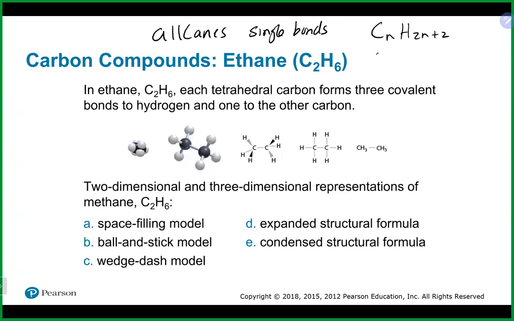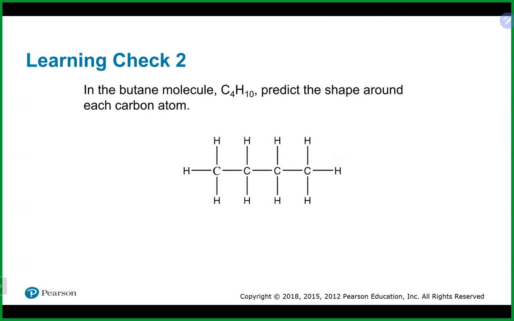Here with ethane, n is 2. 2 times 2 is 4, plus 2 is 6, so ethane has 6 hydrogens attached. Methane, ethane, and propane is the next one. Propane has 3 carbons, so 3 times 2 is 6, plus 2 is 8 hydrogens.